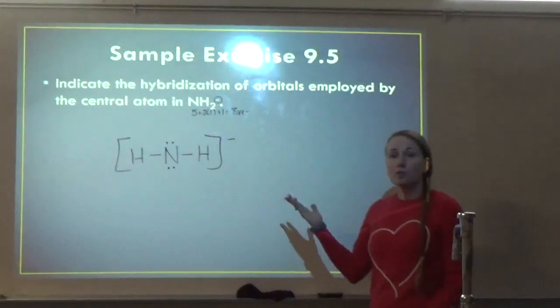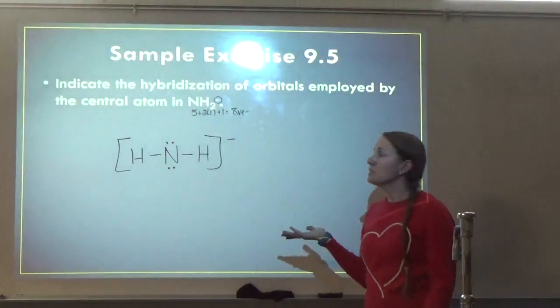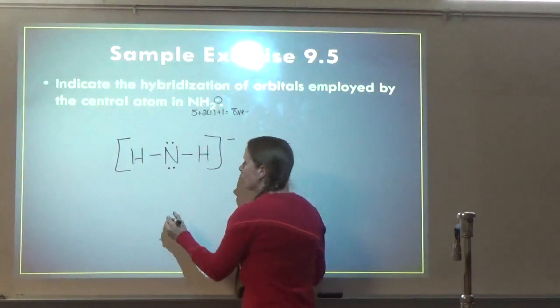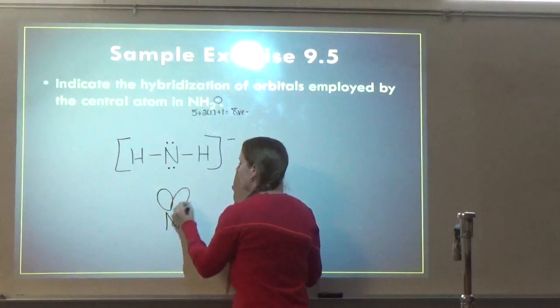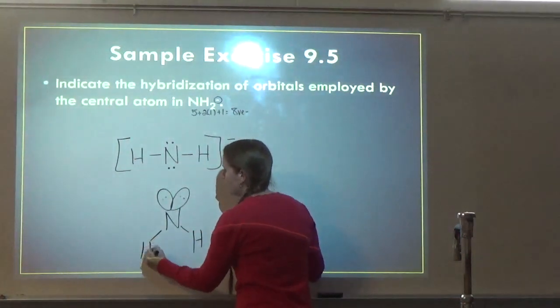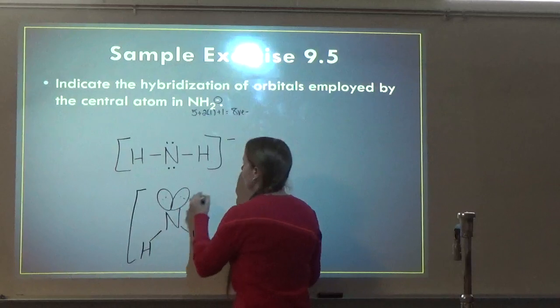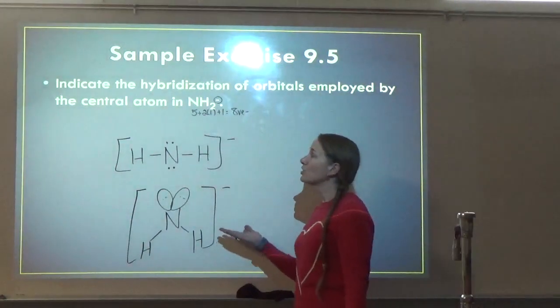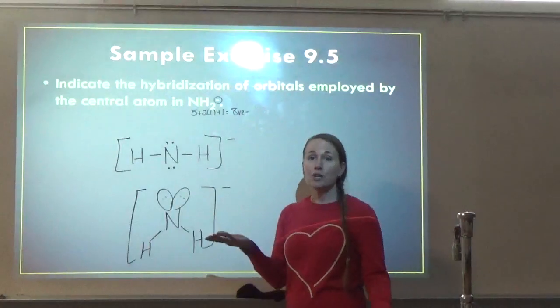Now, a lot of times you would look at that and say, oh, well, that's linear. It must be sp. But you know this isn't linear. There are 4 domains. So what it would actually look like would be this. We balloon those 2 lone pairs out, and it's going to bend those hydrogens down. So my shape is actually bent, or my electron domain would be tetrahedral.